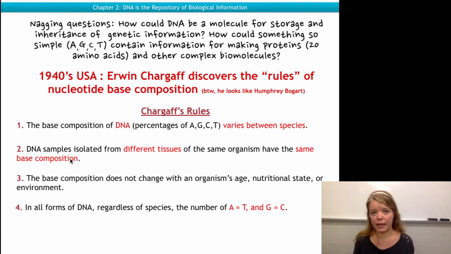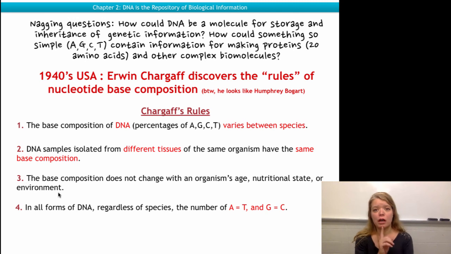Every cell in your body contains the same DNA. Which part of the DNA the cell reads is a different question. That's what makes the different cells in our body look different and have different functions, because the mRNA produced from the DNA is different. But the DNA content of the nucleus is exactly the same.